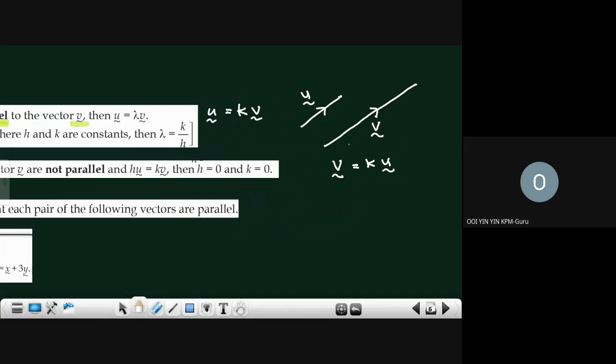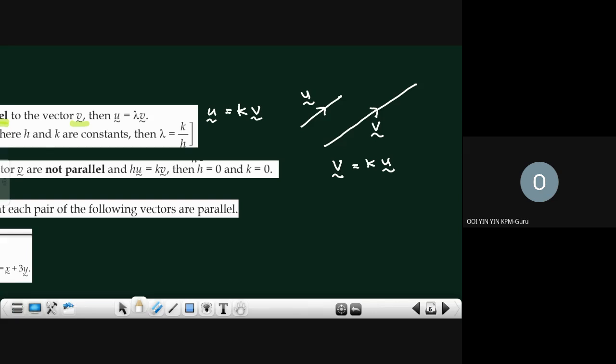Okay, if the two lines are parallel, we can write it in this form. We can write it like this, but the condition is that they must be parallel. If they are parallel, we can write v as a multiple of u, like that, several times of u. How many times, that's what we are going to find later. So how many times your u? Okay, that's the meaning.